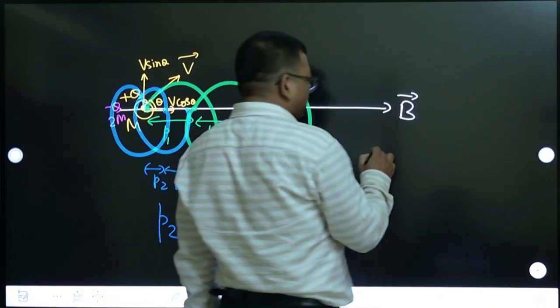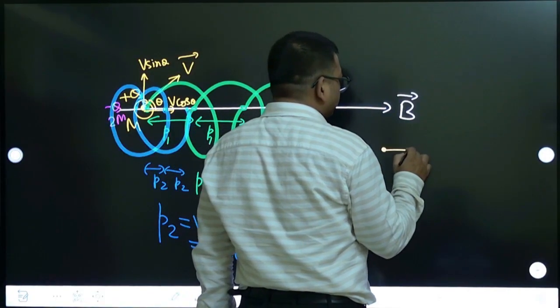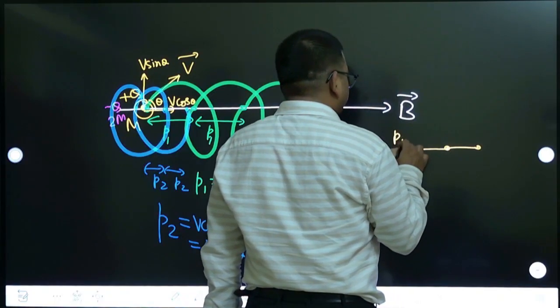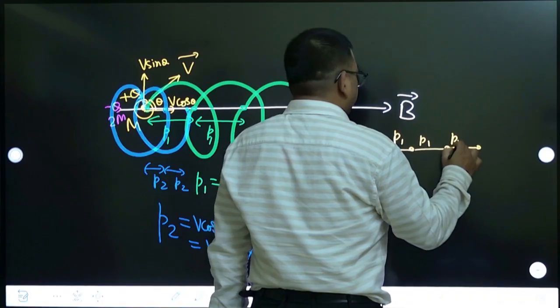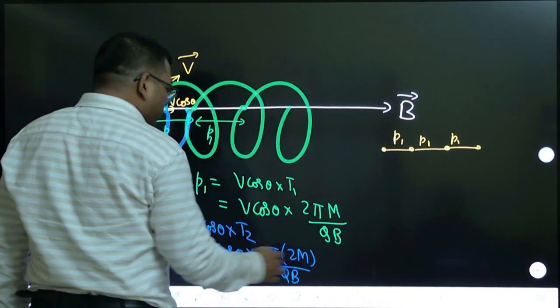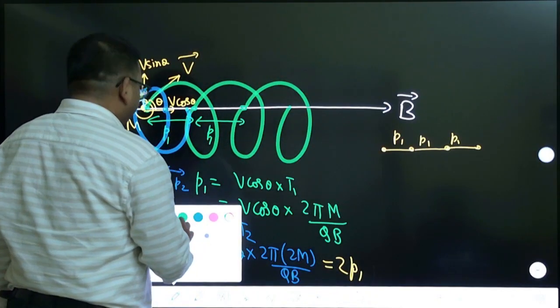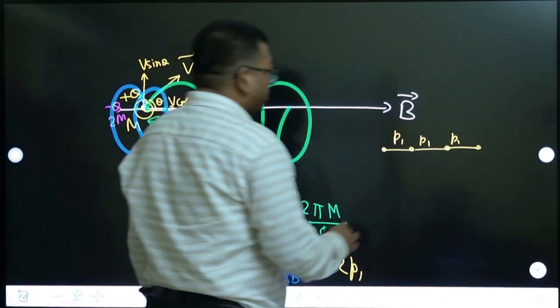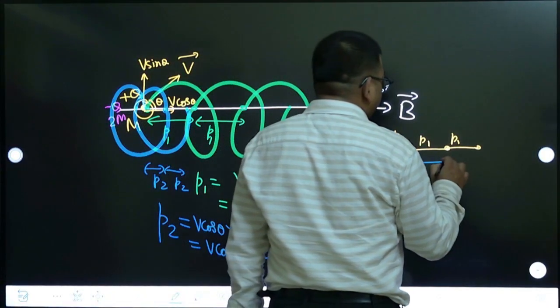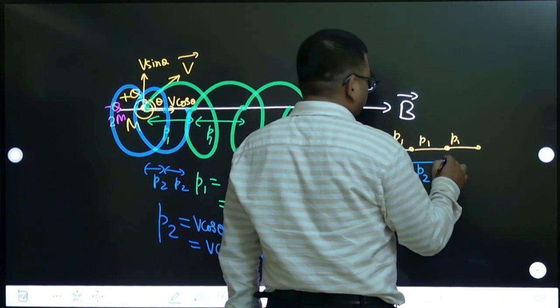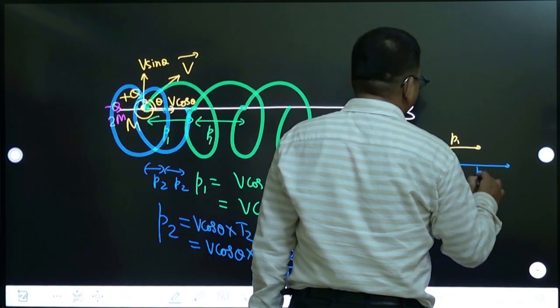The first particle is going like this, this is pitch 1. But for the second particle, pitch 2 is 2 times pitch 1, note that. For the second particle, its pitch will be from here to here, the first pitch, and the next pitch will be like that.